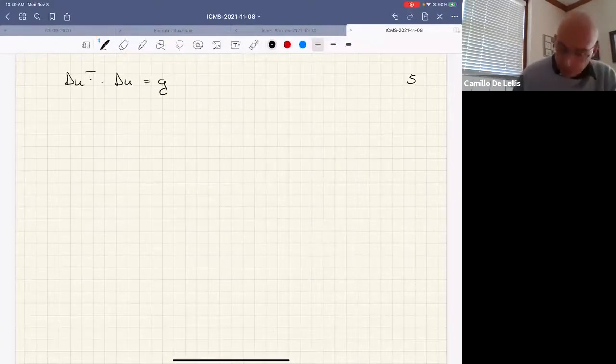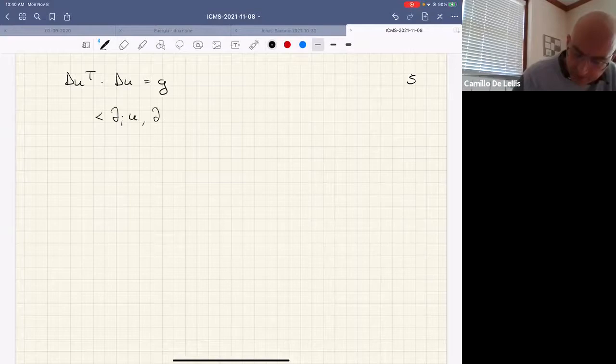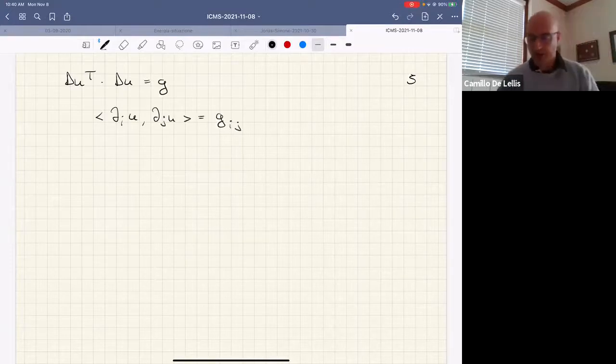Okay, so this is also equivalent to saying that if I take the scalar product of the ∂_i partial derivative and the ∂_j partial derivative of u, I get the coefficient g_ij. Okay, so that's what I want to do.